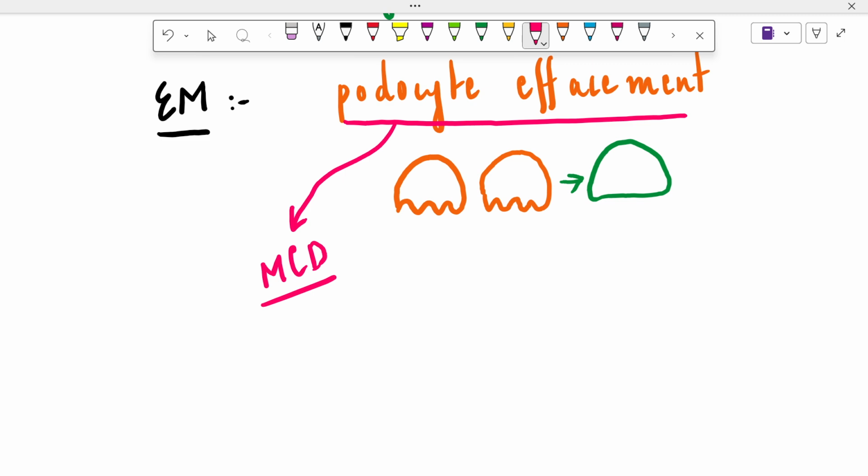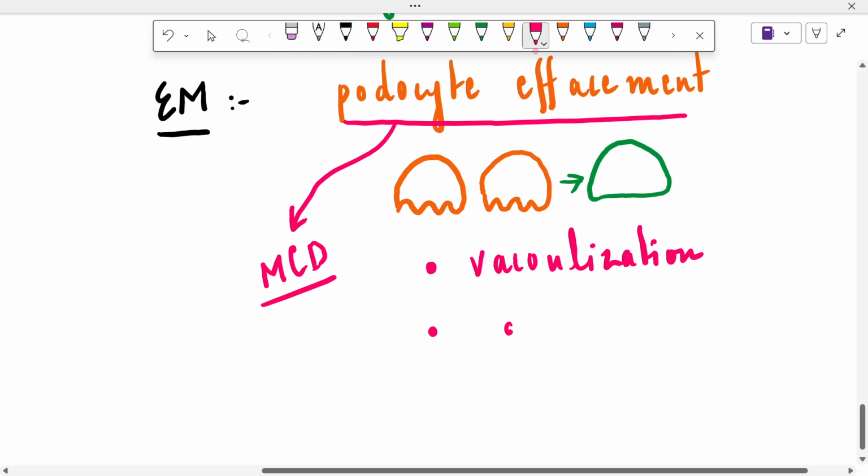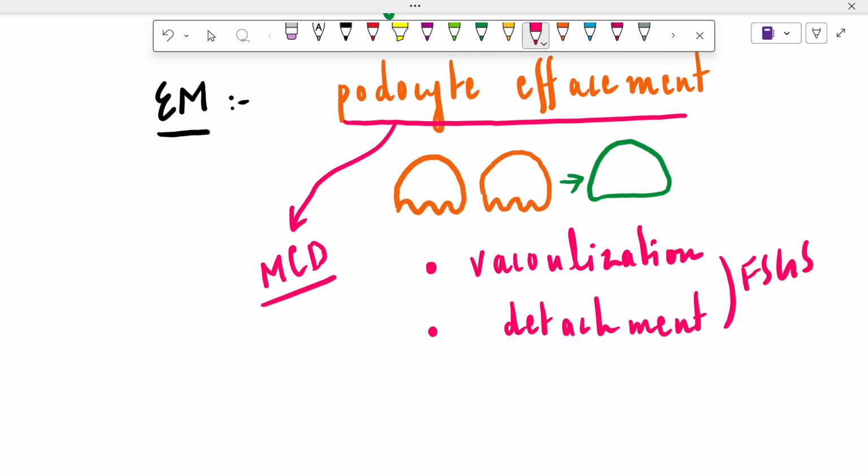We need to see the age of the patient first of all, and if the word podocyte vacuolization or detachment is written, it is very specific to FSGS. So here we can find the difference between minimal change disease and FSGS.